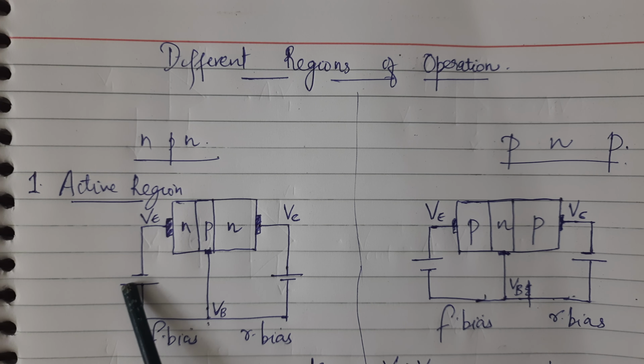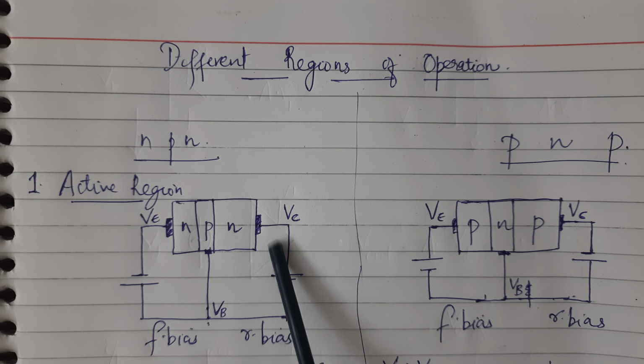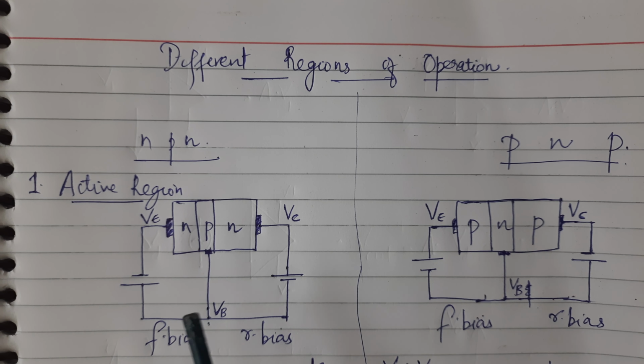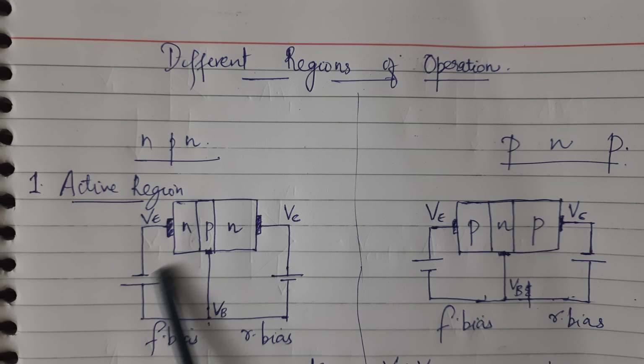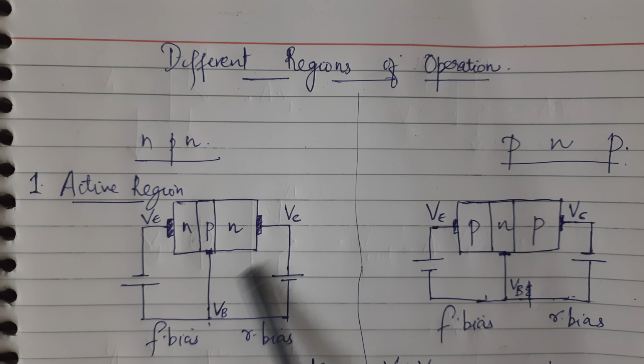If you apply the positive terminal to the P side and the negative to the N side, it is called forward biasing. Similarly, here the positive goes to the N side, so this will be reverse bias. So the base-emitter region is forward biased, and the base-collector region is reverse biased.